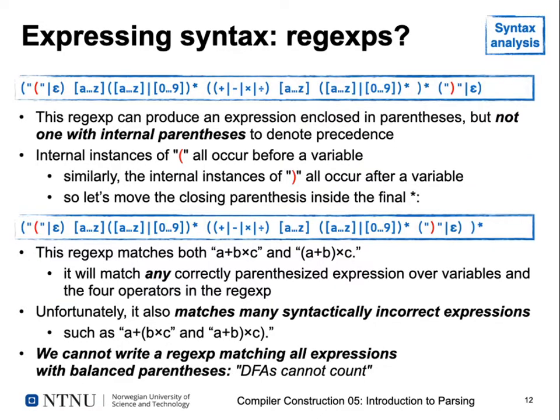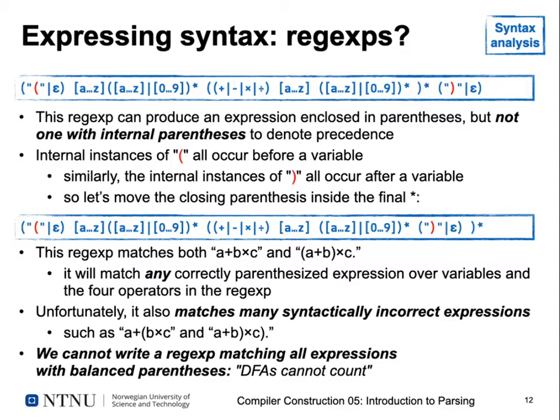So what else can we do? Now we can try to add internal instances of our opening bracket, and we figure out that all opening brackets must occur before a variable. And similarly, the internal instances of the closing brackets all occur after a variable. So let's extend our regular expression by shuffling it around a bit. Let's try to move the closing parentheses inside of our final repetition operator.